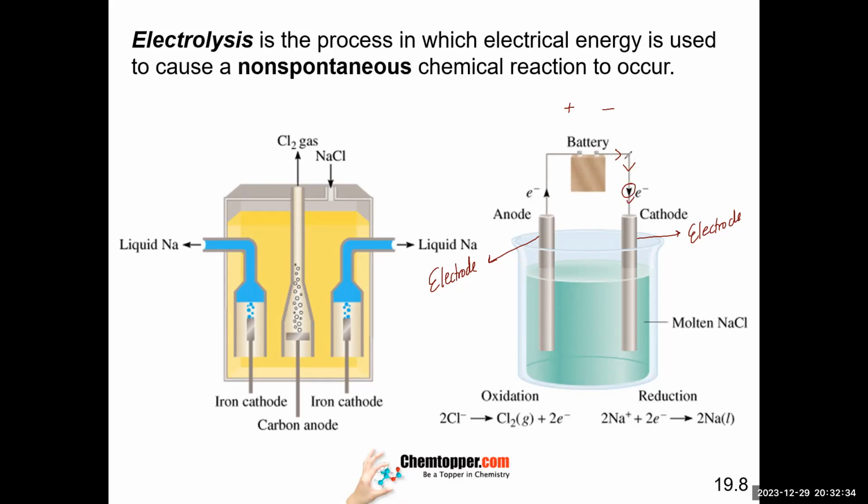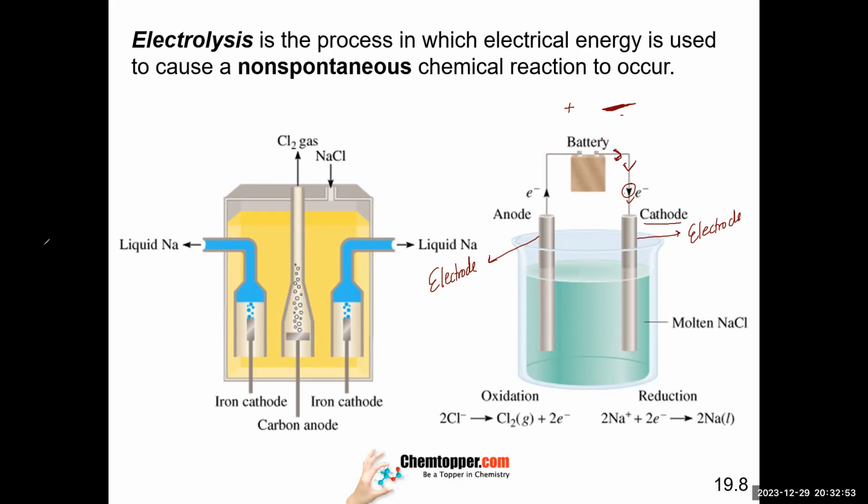So definitely this negatively charged electrode, because it is connected to negative terminal of the battery, is called as cathode. It is the one who is taking electrons from the battery. The negative end is supplying electrons.